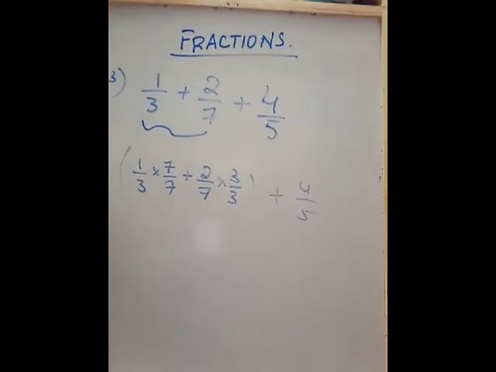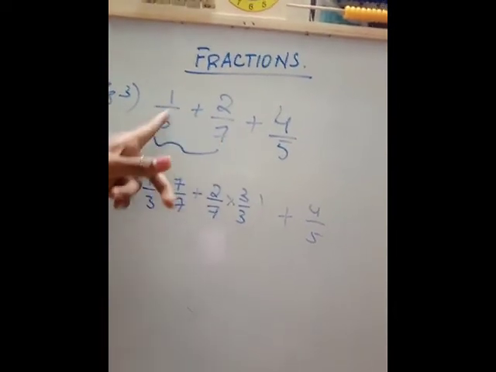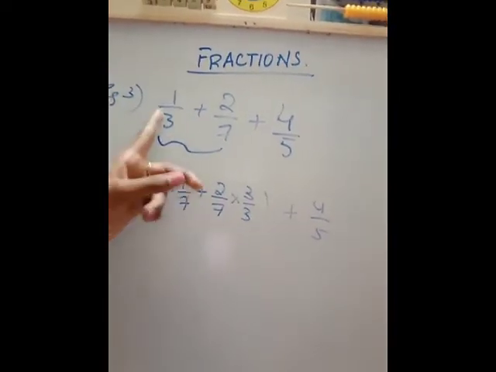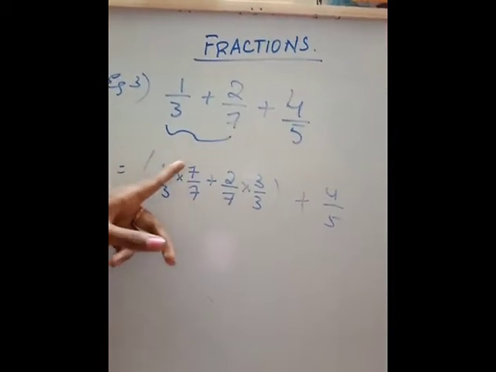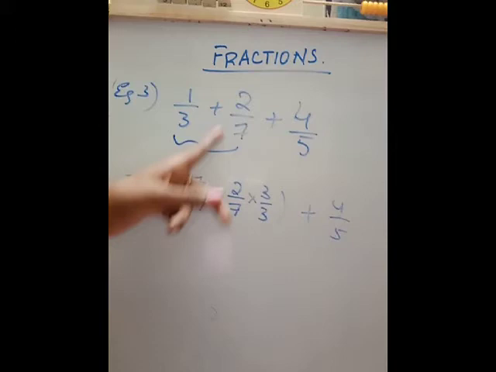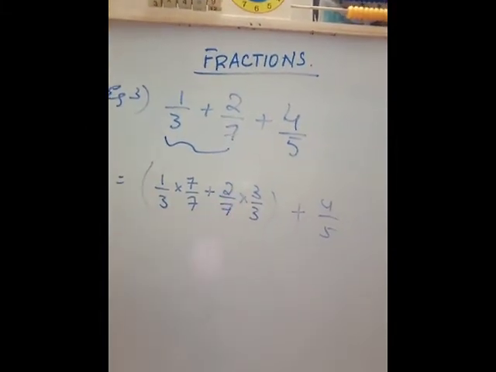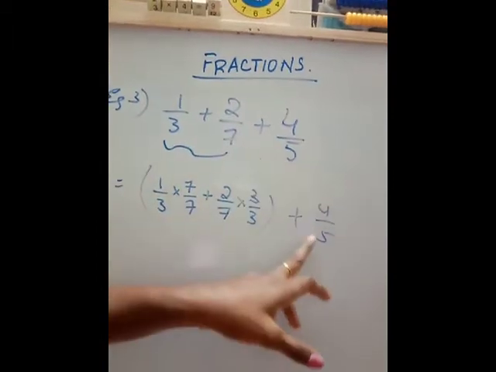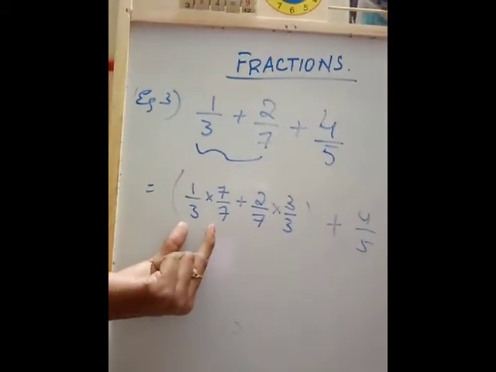Now I am doing with this. The simple method, cross multiplication. I am taking 1 by 3, multiplying with this denominator 7 by 7, plus 2 by 7, and multiplying with this denominator 3 by 3. I am not going to touch 4 by 5.